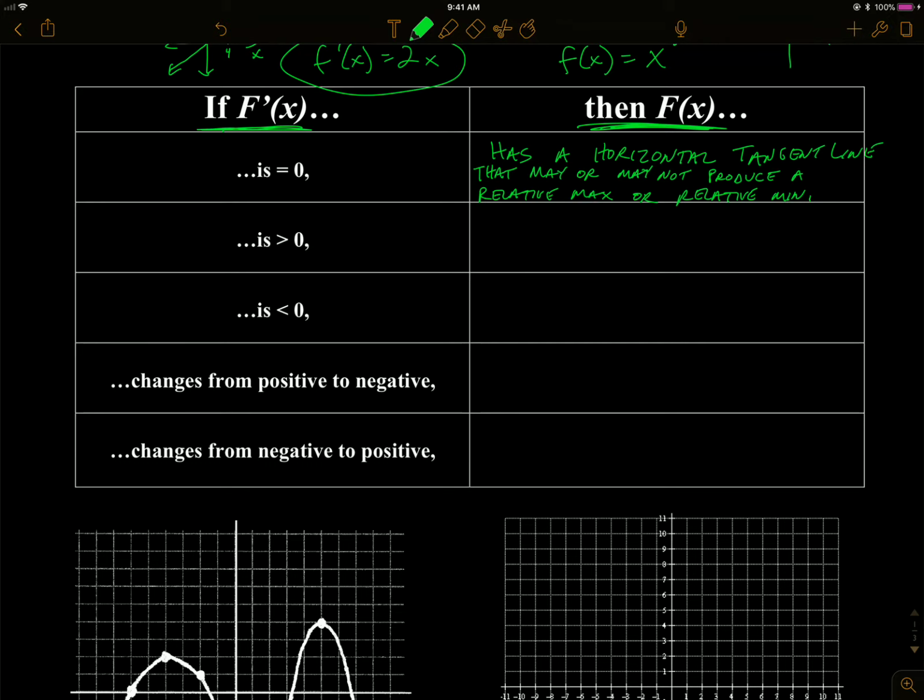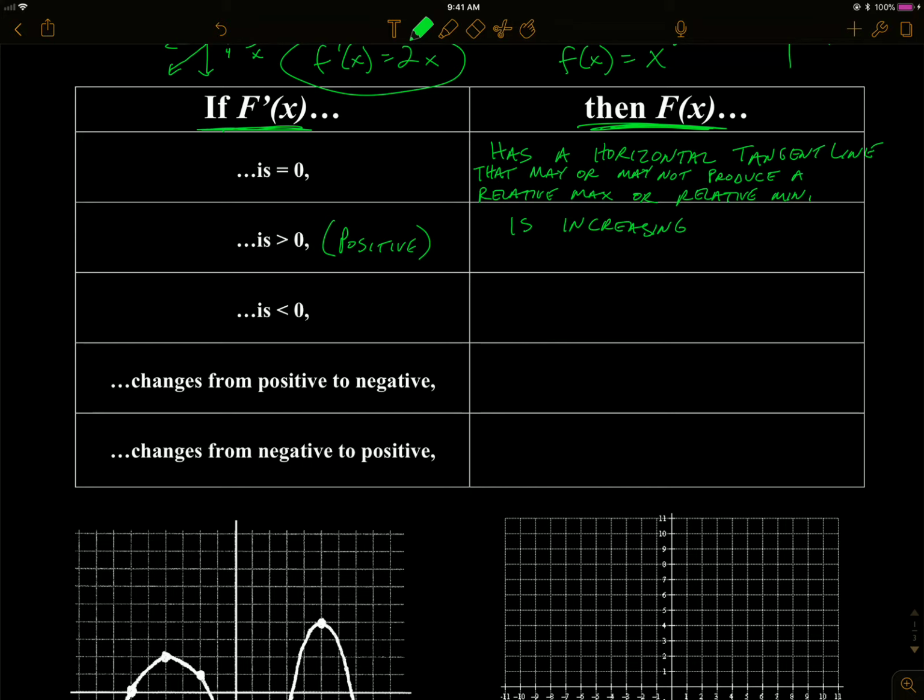So when the derivative is bigger than 0, remember this means that it's positive, then we know f of x is increasing. I think of the derivative as a rate of change.